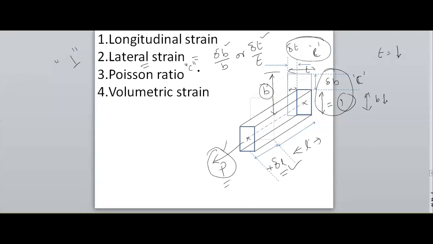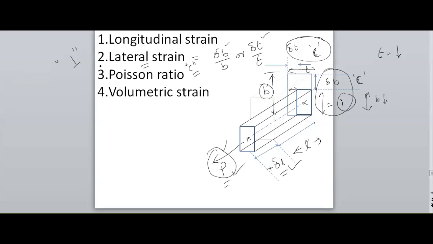Therefore, it shows that the lateral strains are compressive in nature when the load is applied along the axis.